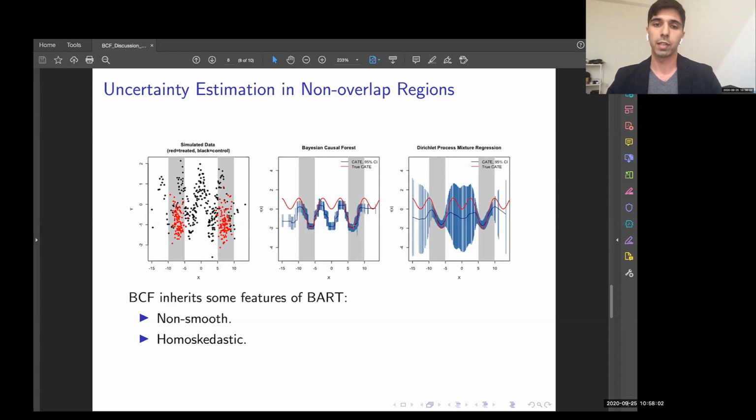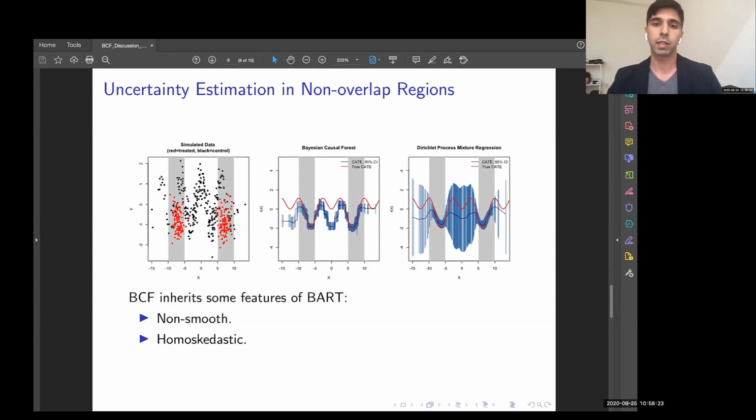They're very precise. They're close to the true treatment effect that's in red. But then when you get deeper into the non-overlap regions, you see a lot of bias, and that's expected. But what I think is a little bit more concerning is that you have very narrow intervals, right? So it's being very precisely wrong.